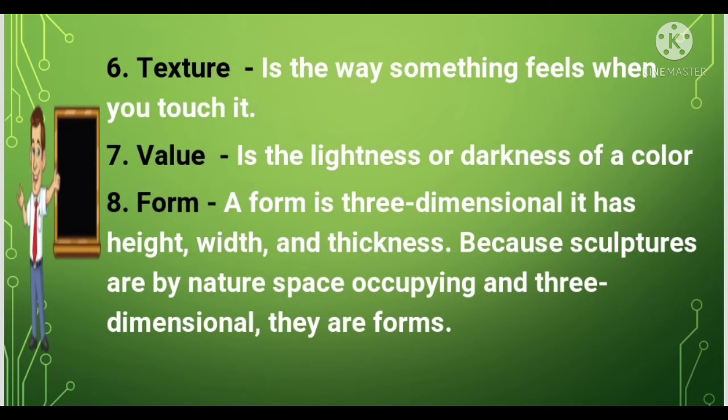We have also texture, which is the way something feels when you touch it. Value is the lightness or darkness of a color. Maganda ba ang effect ng light and dark? A form is three-dimensional. It has height, width, and thickness. Because sculptures are by nature space occupying and three-dimensional, they are forms.